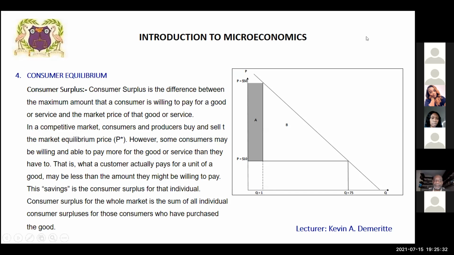However, let's start again. In a competitive market, consumers and producers buy and sell at the market clearing price. That's the piece we're all familiar with. However, some customers with longer dollars may be willing and able to pay more for a good or service than they actually have to.